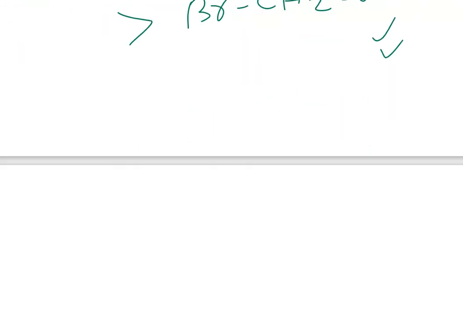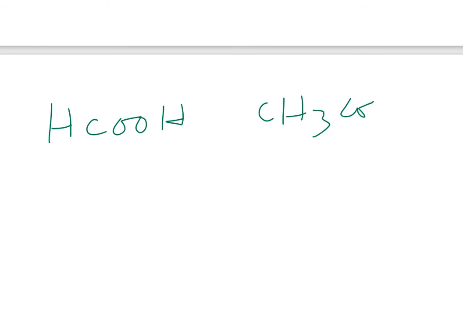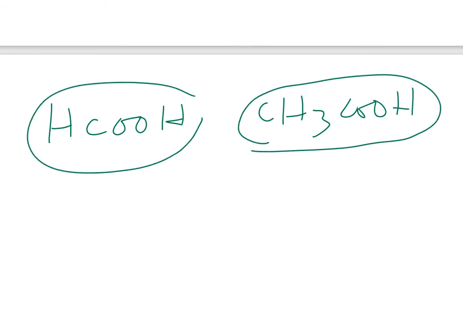Now, how do we explain this in carboxylic acids themselves? Suppose formic acid, HCOOH, and CH3COOH. Before this we need to explain one thing.